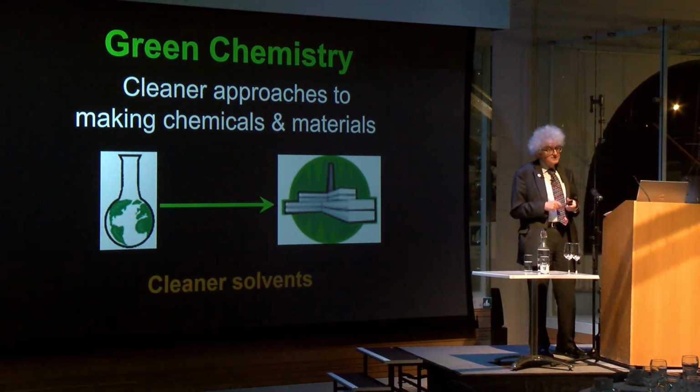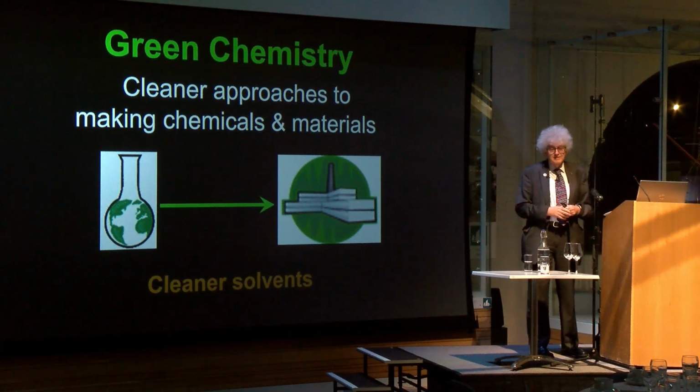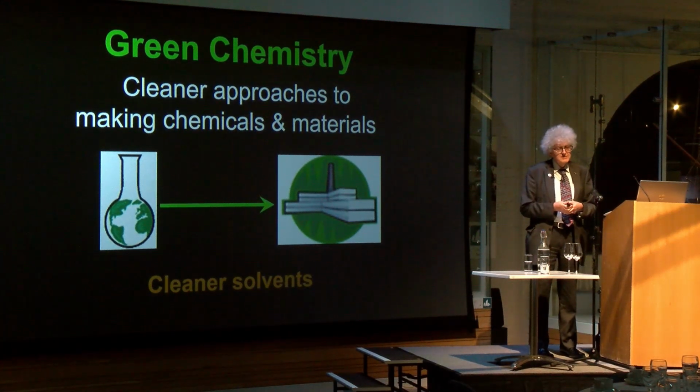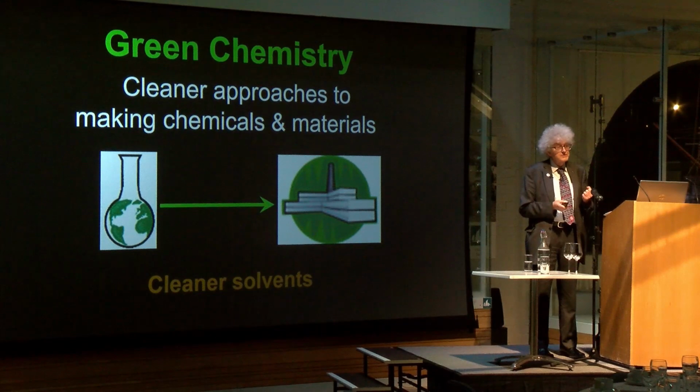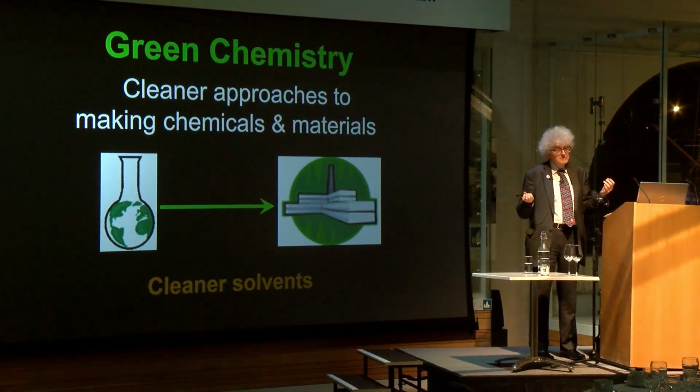One of the directions promoted in green chemistry was cleaner solvents, and I was working with supercritical fluids, supercritical CO2, so it was a good opportunity to get into a new area.